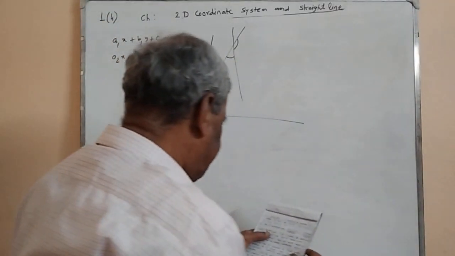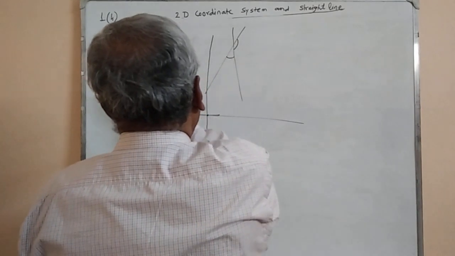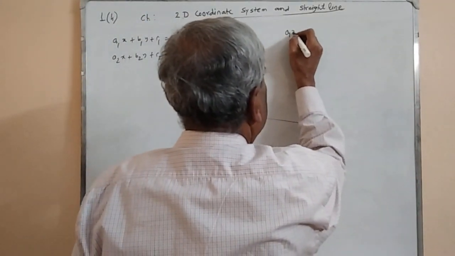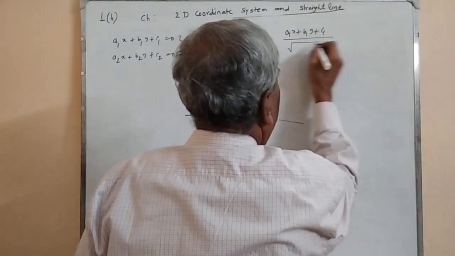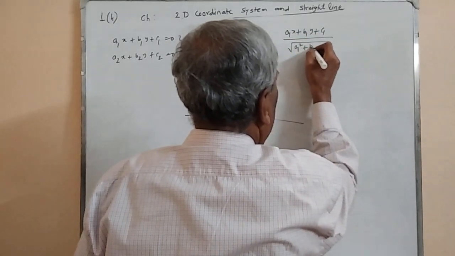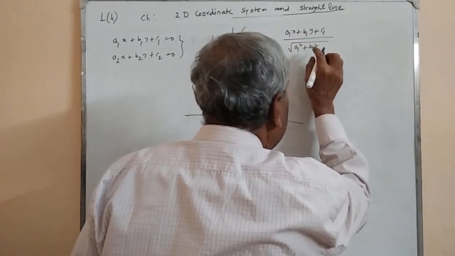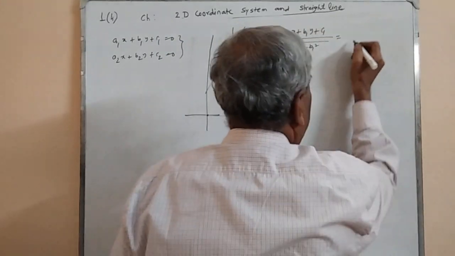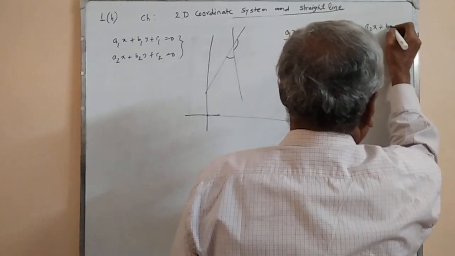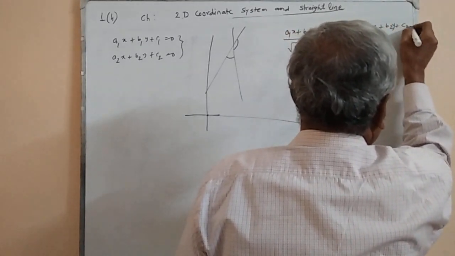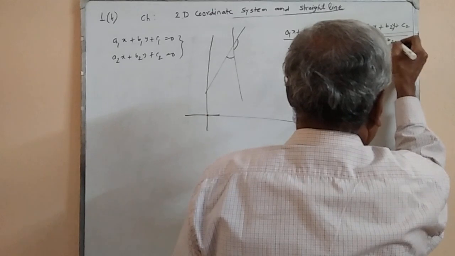bisector. So, number one, the equation of bisectors of angles between this and that is (a1x plus b1y plus c1) by root over of a1 square plus b1 square, coefficient of x, a1 whole square, coefficient of y, b1 whole square, is equal to plus and minus (a2x plus b2y plus c2) divided by root over of a2 square plus b2 square.